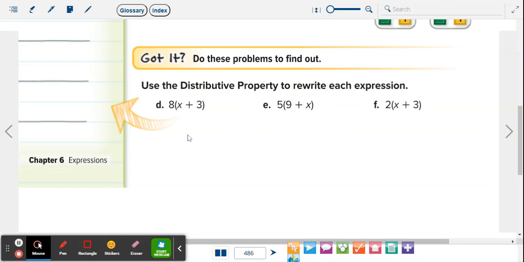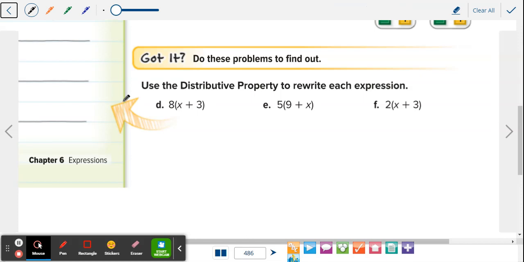Okay, letter D, we have 8 times the parentheses of x plus 3. Remember, with the distributive property, you're just taking that 8 and multiplying it to both of these terms on the inside. So what do we do first, Isabella?